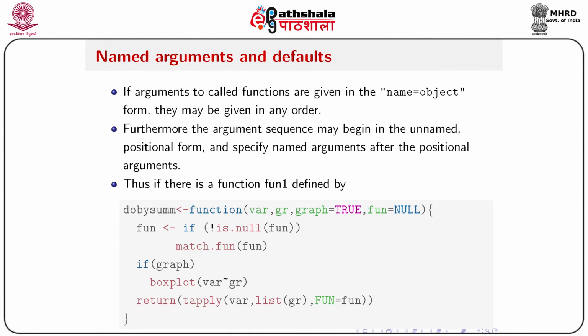If you don't do this, instead of name equals object, you can directly write object 1, comma, object 2, comma, object 3. Then you have to follow the exact order. So that is one advantage. Always write the pass by argument in this format to avoid the ordering of the arguments.